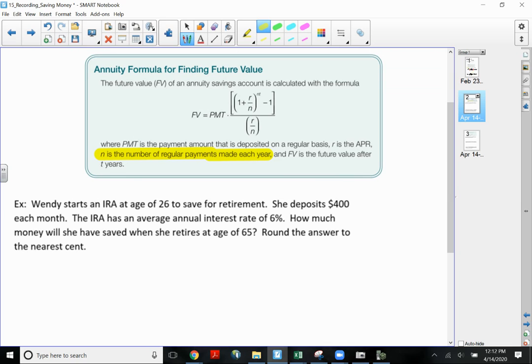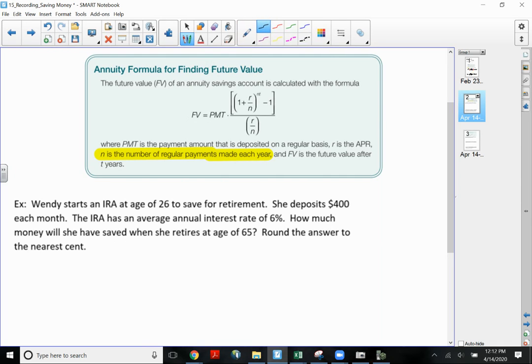This problem. Let's say Wendy starts an IRA at the age of 26 to save for retirement. She deposits $400 each month into this IRA account. The IRA has an average annual interest rate of 6%. How much money will she have saved when she retires at age 65?